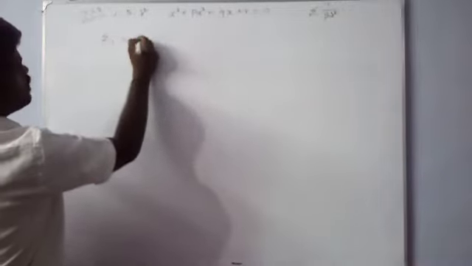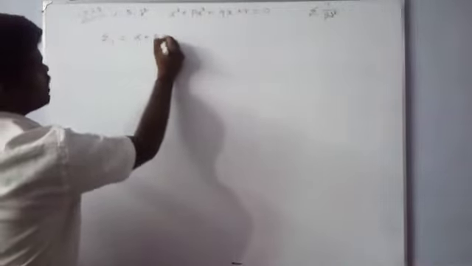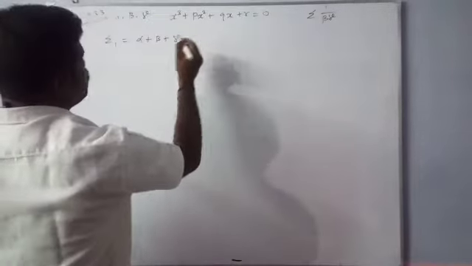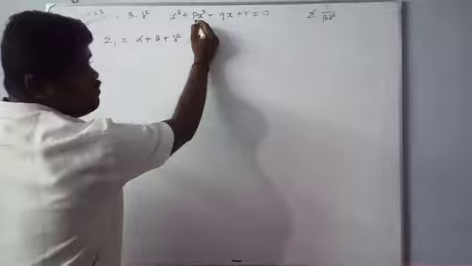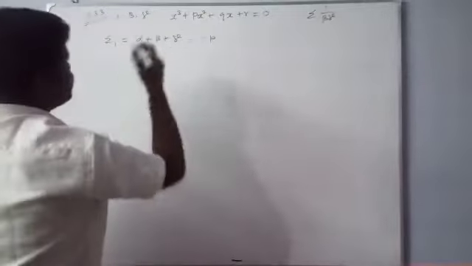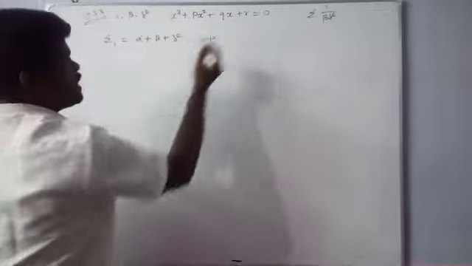Summation 1 is equal to the sum of the roots, alpha plus beta plus gamma, which is equal to the negative of the second value, minus p. Already you know that. And summation 2 means what is the value?